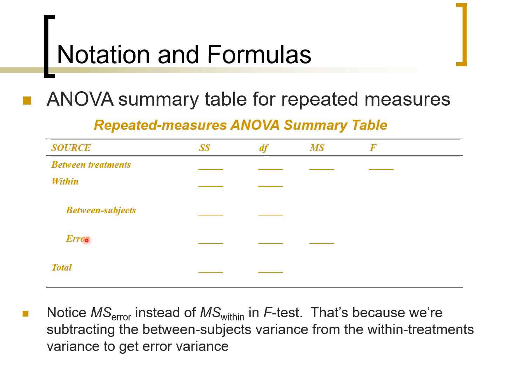So you can see this is going to be the denominator of our mean square, what we used to call within, but now we've subtracted out this between subjects, and now we have a smaller error term if we have data that we know is truly a within subjects or repeated measures or dependent samples design.